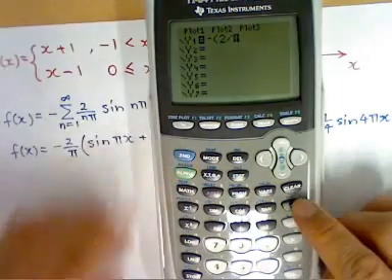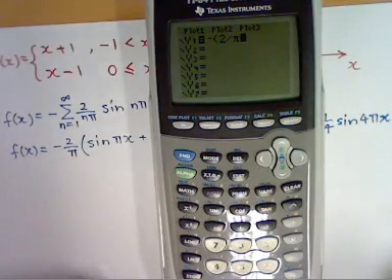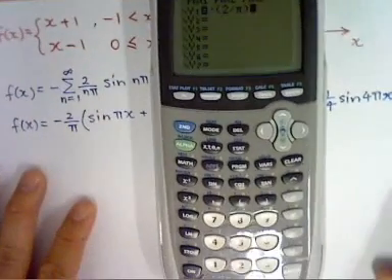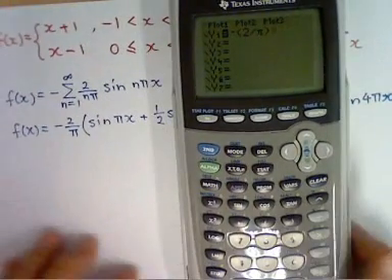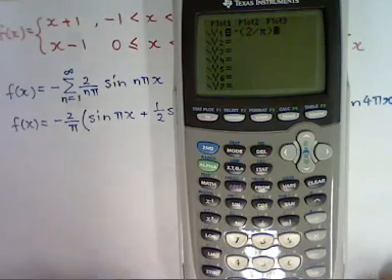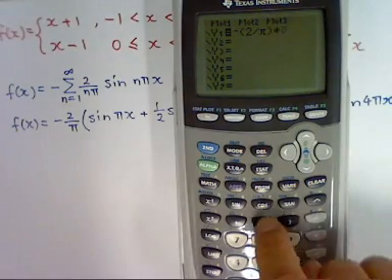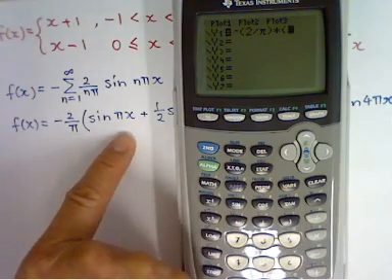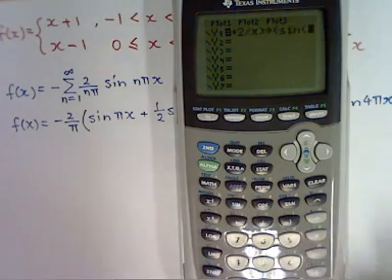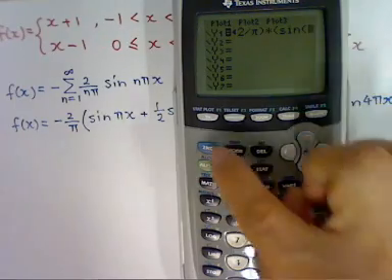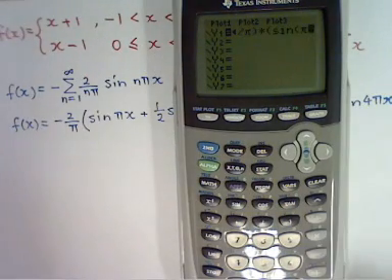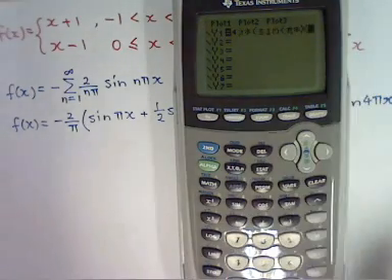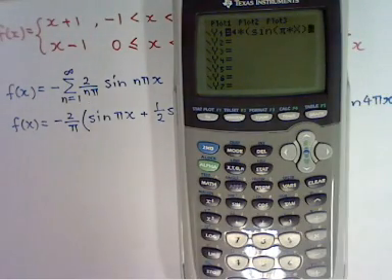So pi is second, and that button there, and we close the bracket. Alright, and multiplied by, and we open the bracket, we're going to key in sine pi x. Sine is this button, pi is second and this button, times x will be this button. Close the bracket. That's the first term.